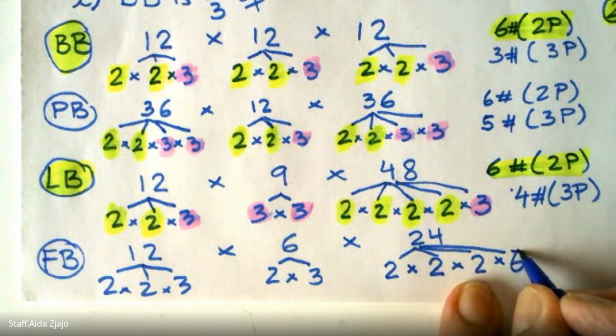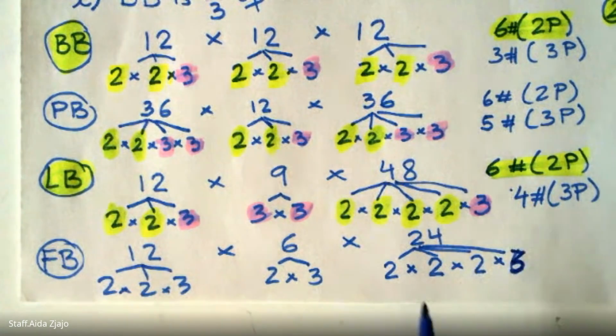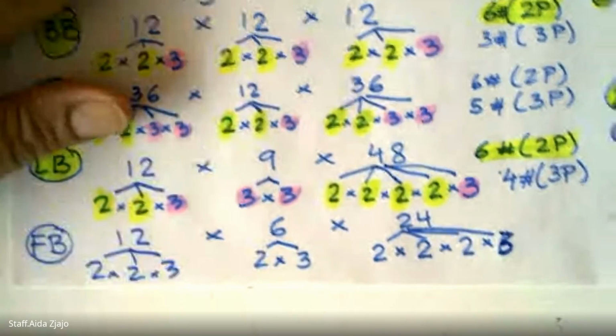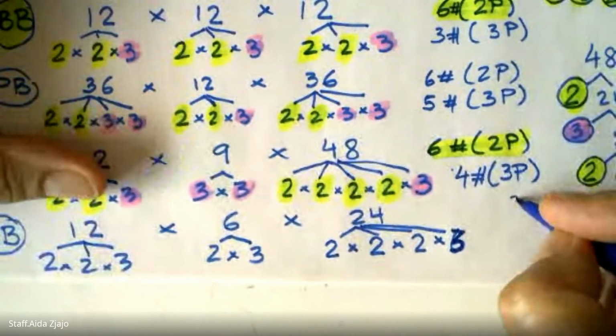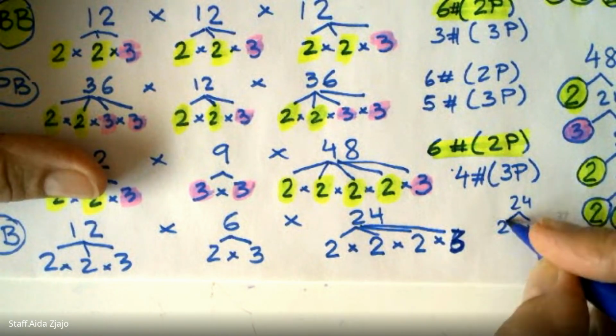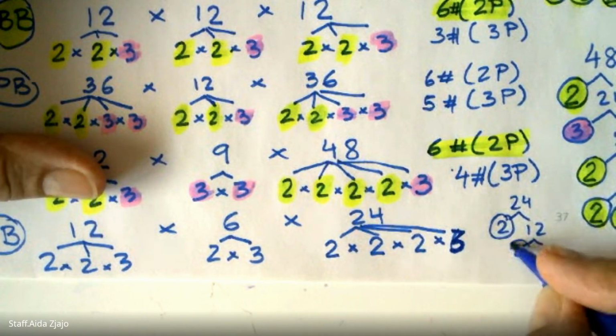But 8 times 3 is 24. Okay, hold on. It's easier this way. For 24, I did this 2 times 12. Then I broke this into 2 times 6.